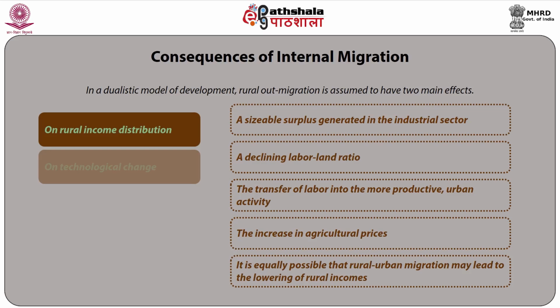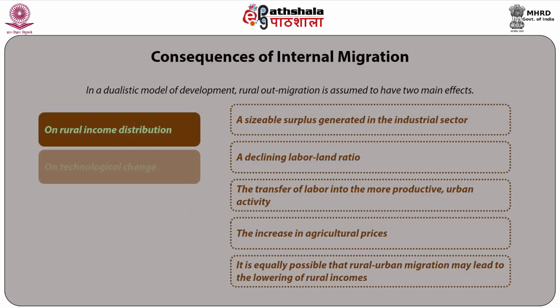The increase in agricultural prices, in turn, is likely to stimulate agricultural production and raise rural incomes. Remittances from urban areas are likely to raise rural incomes, which may not only increase the levels of consumption, but also encourage technological change that may subsequently raise rural incomes.